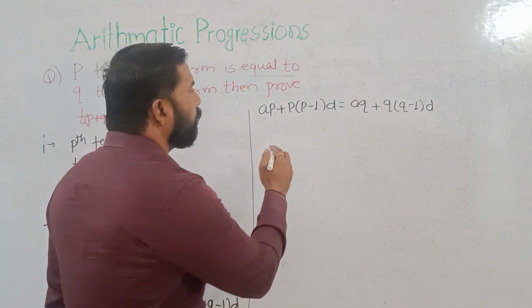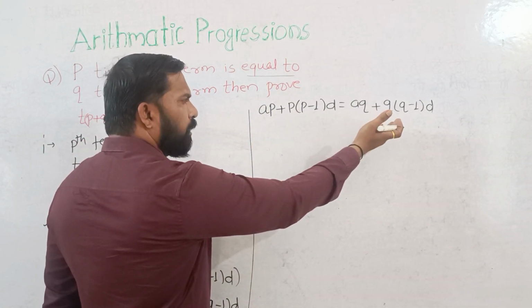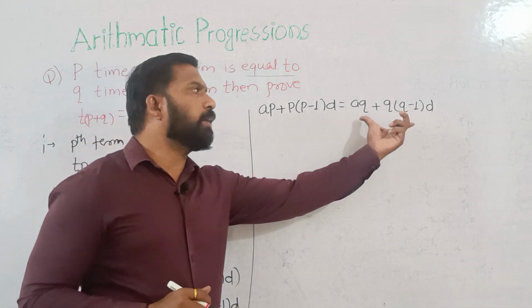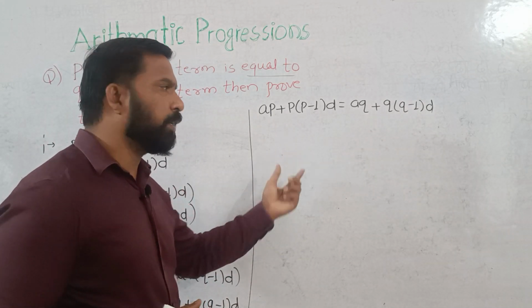Now look at the board. I am just going to bring all of them to the left. The entire right hand side I am bringing to the left hand side.